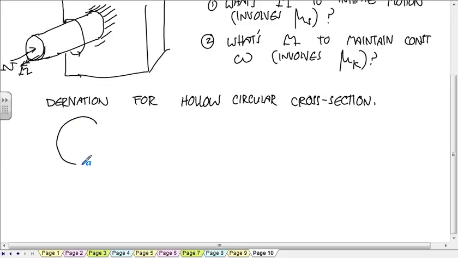So the cross-section looks like this, where we have an inner radius Ri, and an outer radius Ro.